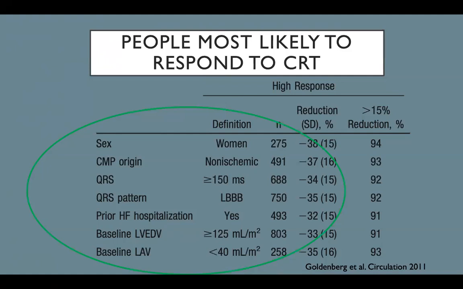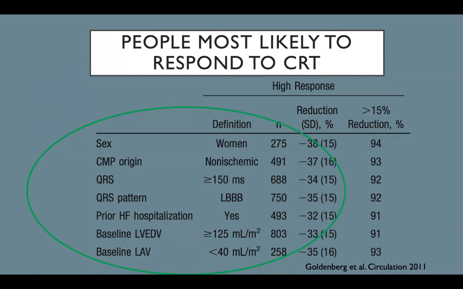And the other populations were prior hospitalizations for heart failure, and then a baseline left ventricular end diastolic volume, as you see, 125 mLs per meter squared or greater. So you can see that these people had a high percentage within each of these populations of a defined clinical response, that is greater than 15% reduction in left ventricular end systolic volume.